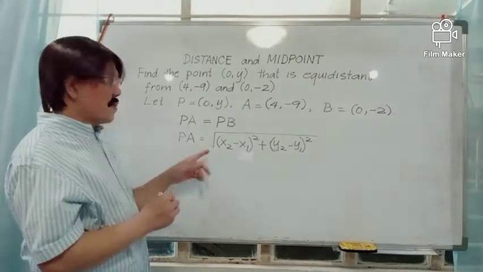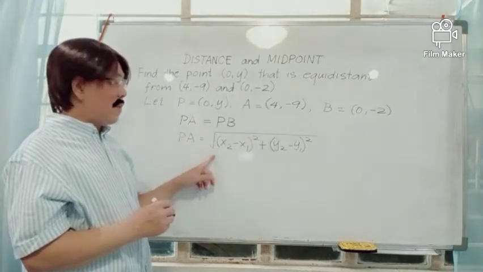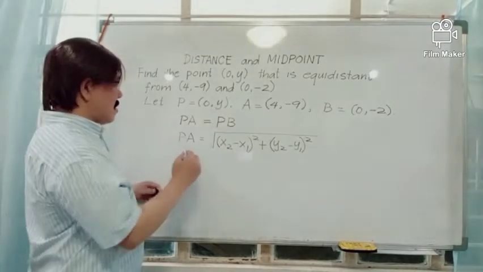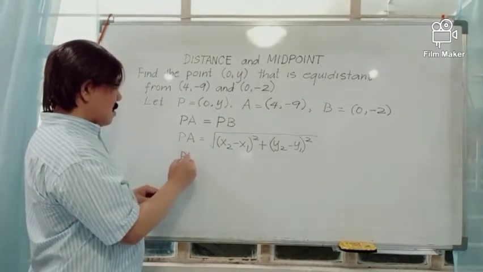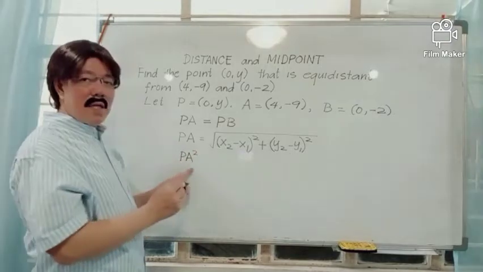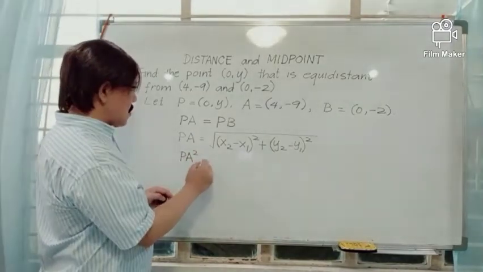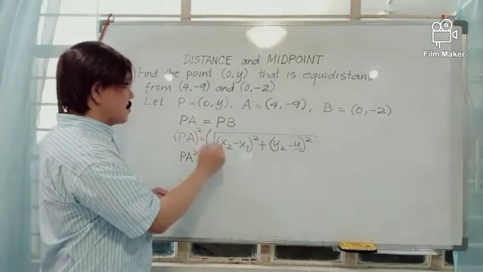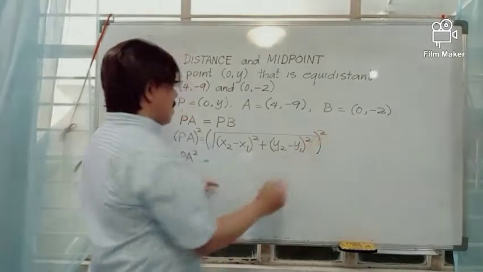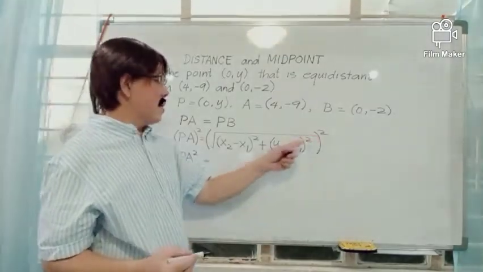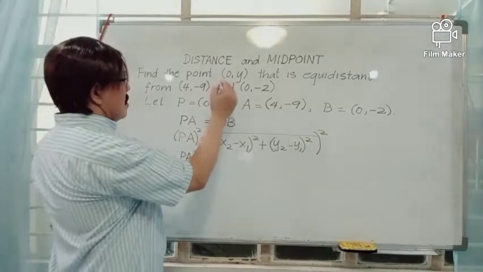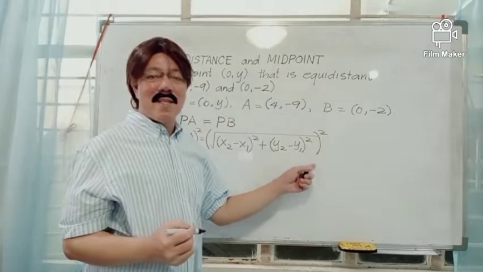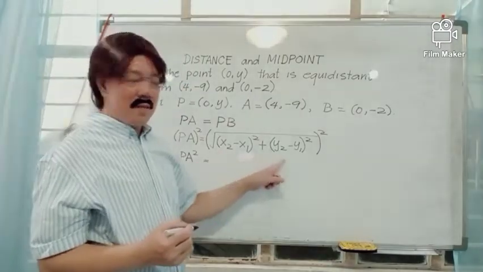And I want to remove the radical sign from the right hand side of this equation, so I will take the square of both sides. The square of the distance between P and A is equal to, you raise both sides to the power 2, and from algebra, the square of the root of this expression, or radicand, is equal to the radicand.